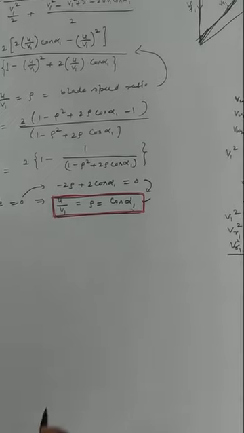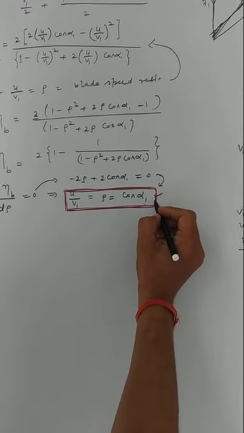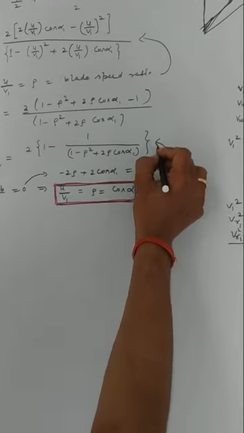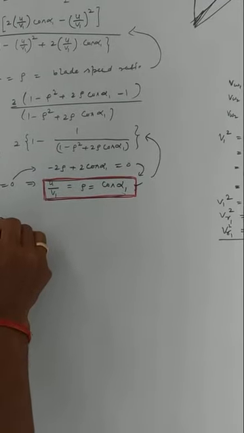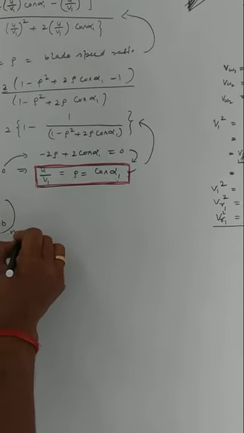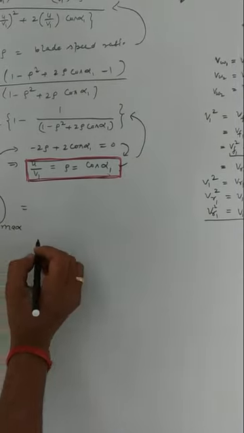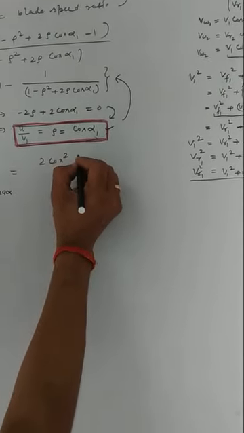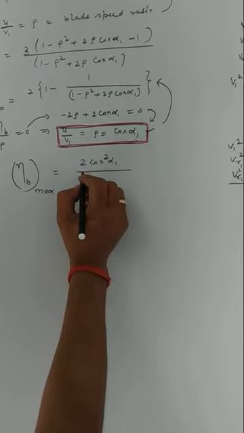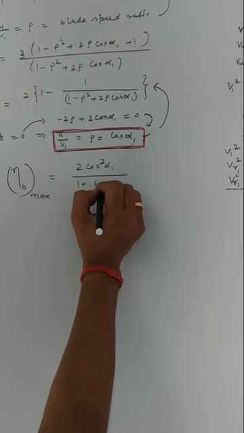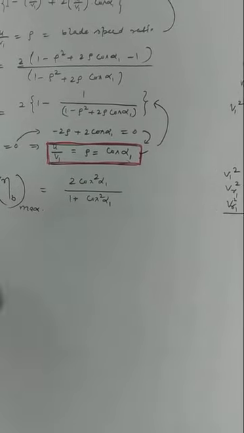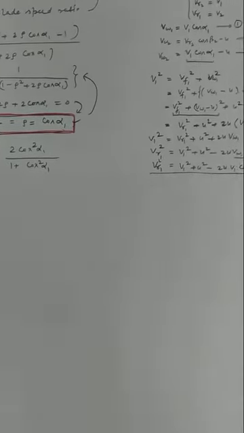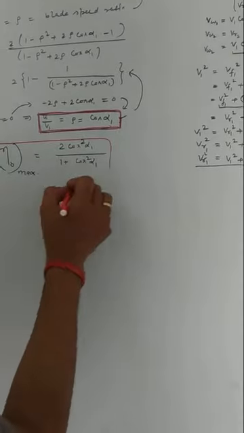Okay, so put this value of rho in this equation and you will get the maximum blade efficiency equal to 2 cos square alpha 1 divided by 1 plus cos square alpha 1. This is the maximum blade or stage efficiency for reaction turbine.